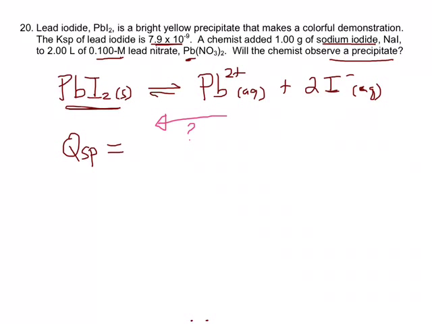And we know that it's calculated the exact same way that you would calculate Kc, or in this case, Ksp. The equilibrium constant and Q are calculated the same way. The difference between Q and K is that for Q, we can put any concentrations we want into the expression. For K, we have to put equilibrium concentrations. So one thing that you would use Q for would be just to determine if you're at equilibrium.